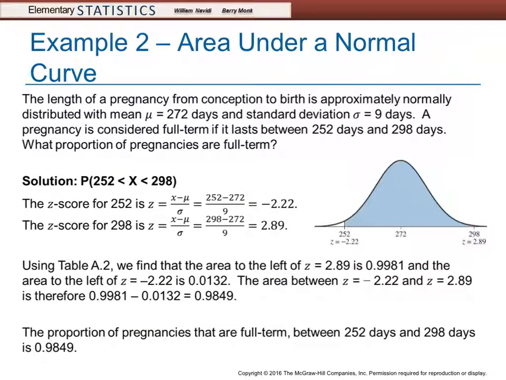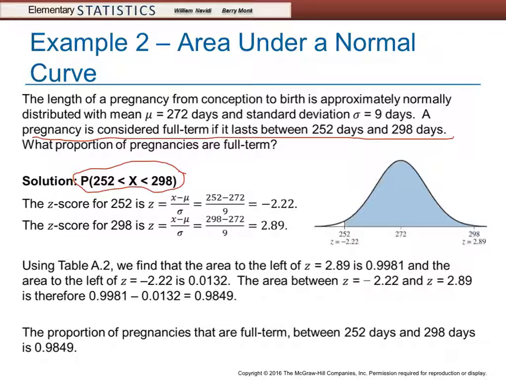Well, we're going to continue the same problem, but now we're asking the question: a pregnancy is considered full term if it lasts between 252 days and 298 days. And now we're asking, what is the proportion or probability of pregnancies that are full term? Well, here's our probability statement.